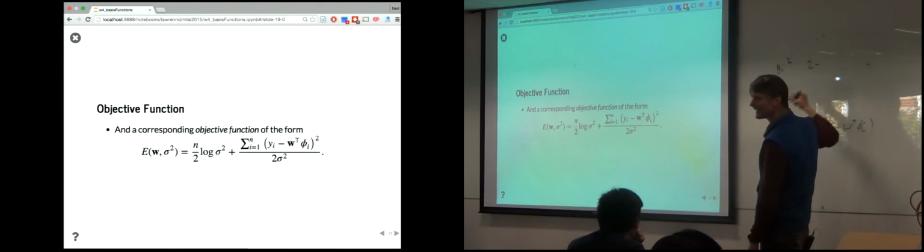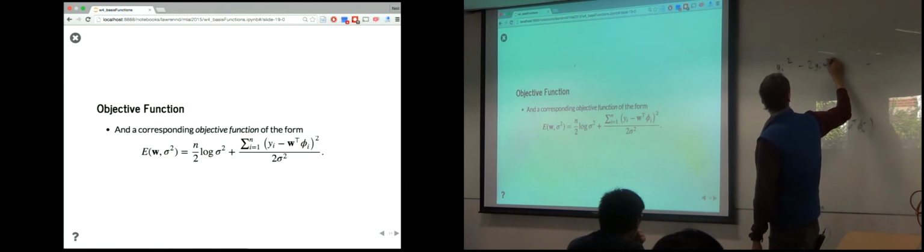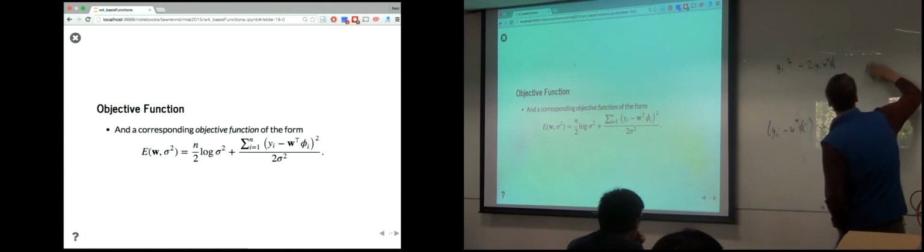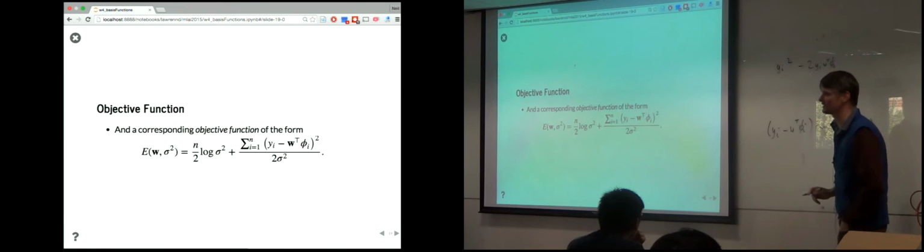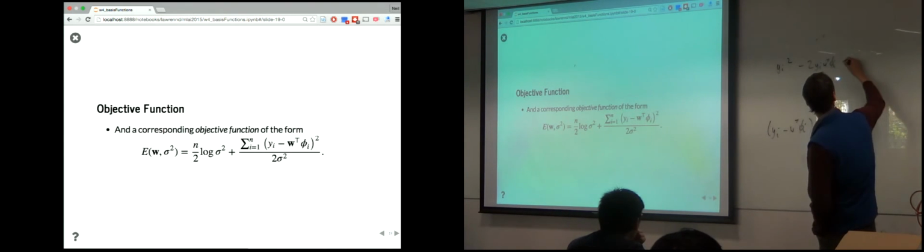I heard a 2, I heard a minus, what else did I hear? yi W transpose phi i. And then the last term. What do I write down for the last term? Plus, yeah.